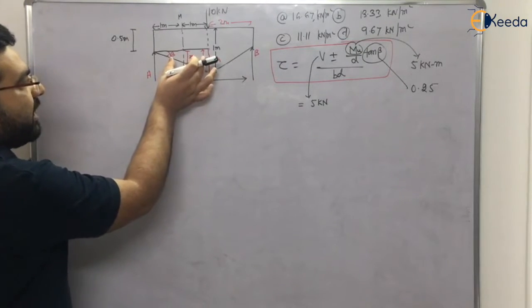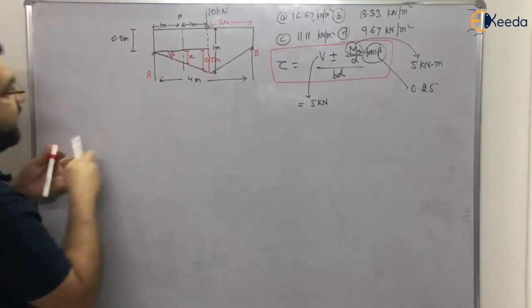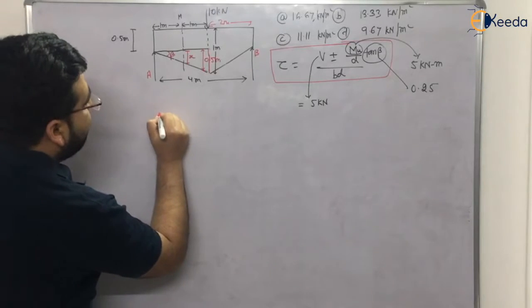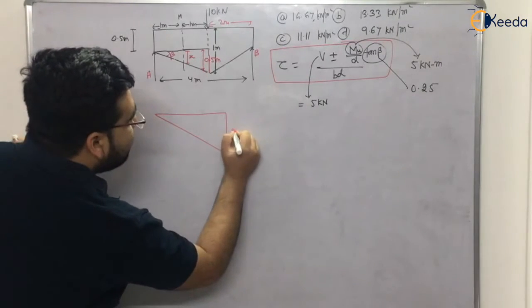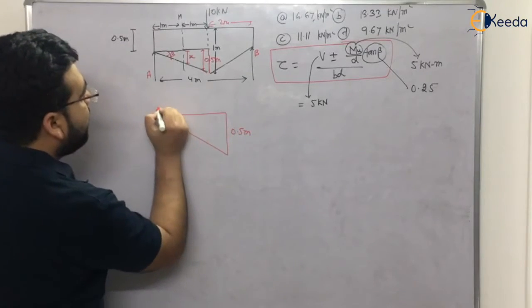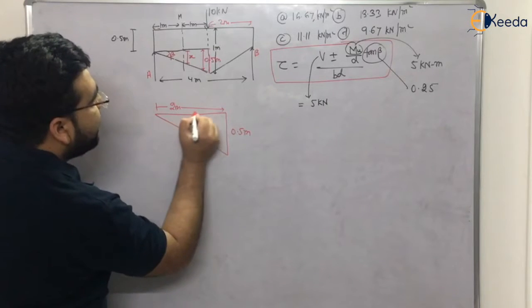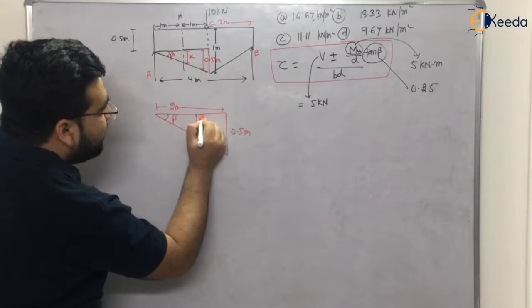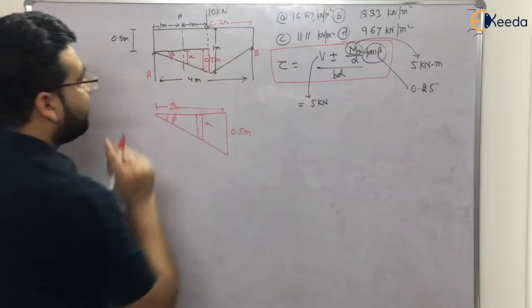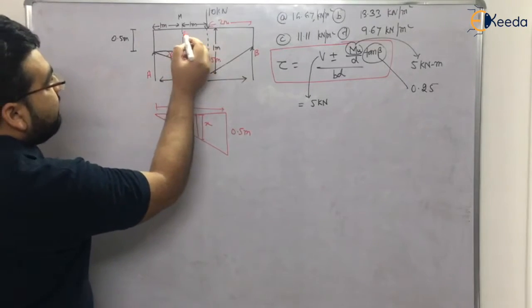Because it has become hectic, let me draw this triangle here. This is 0.5 meter, this is 2 meters, the whole one. Up to here it is 1 meter. This is angle beta, and I have denoted this distance with x.